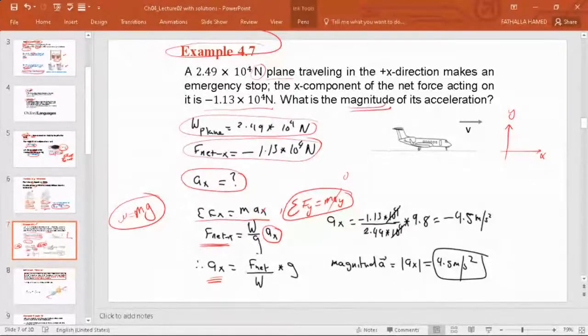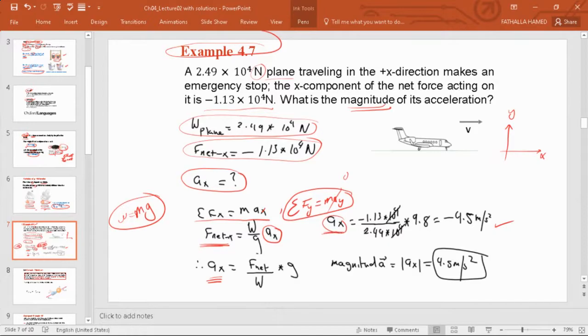It will cancel on this side and give ax. So it is the net force multiplied by g divided by the weight. So ax here will be minus 1.13 times 10 to the 4 divided by 2.49 times 10 to the 4 times 9.8. And that gives me minus 4.5 meters per second squared.